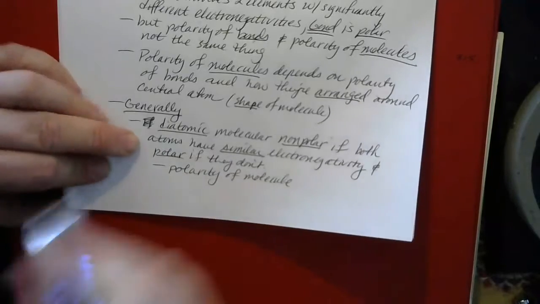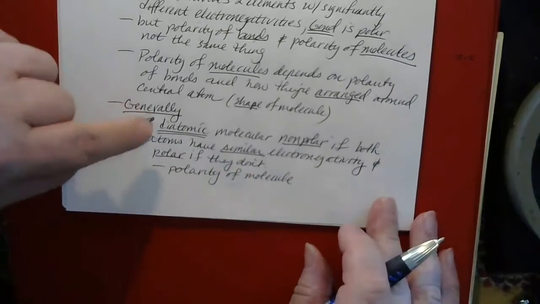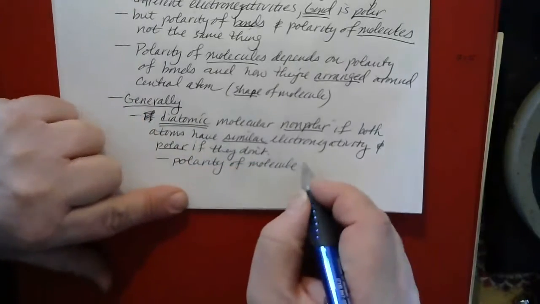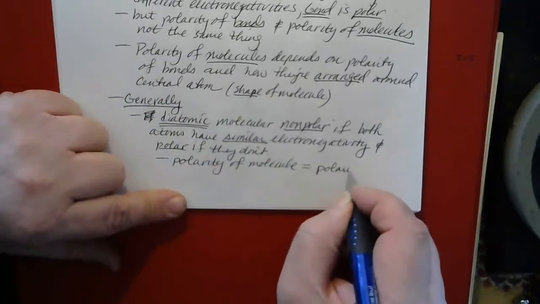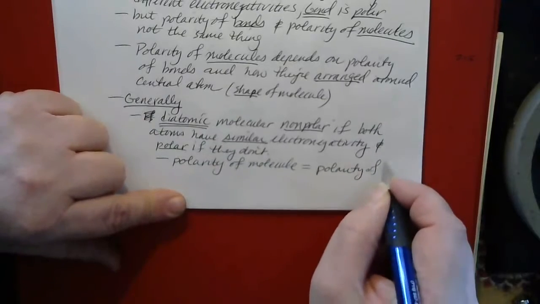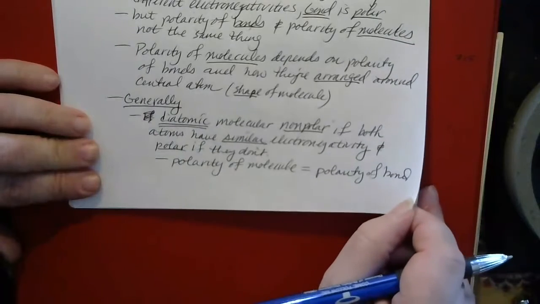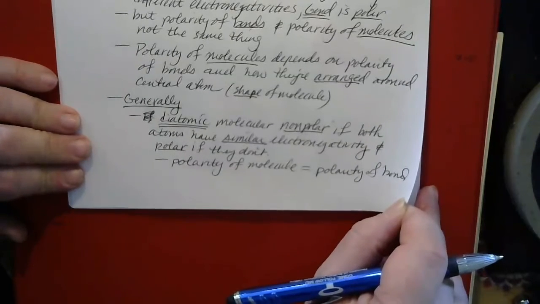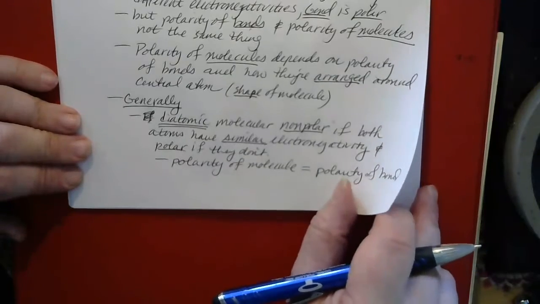So in the case of diatomic molecules, the polarity of the molecule is the same as the polarity of the bond. But in larger molecules, that is not necessarily the case, and when it is, it's basically a coincidence.